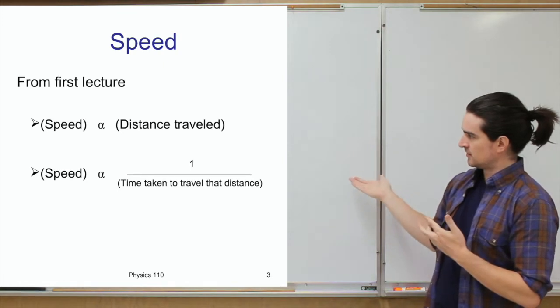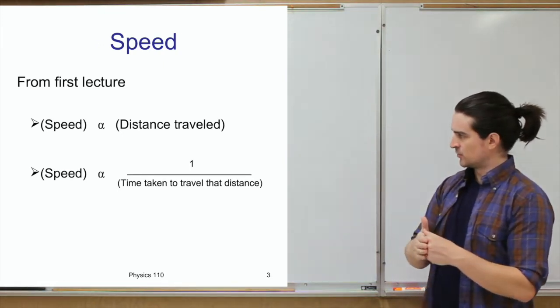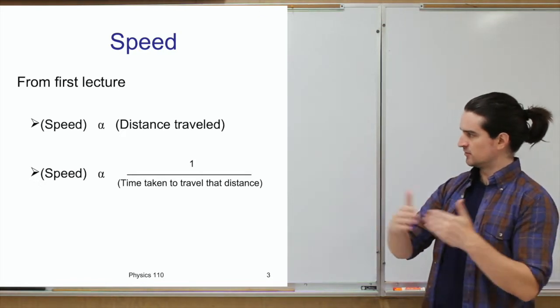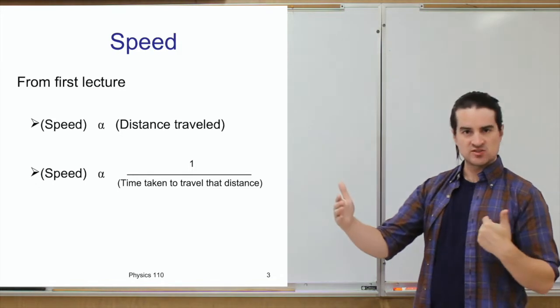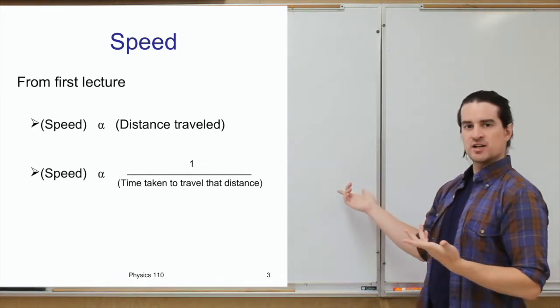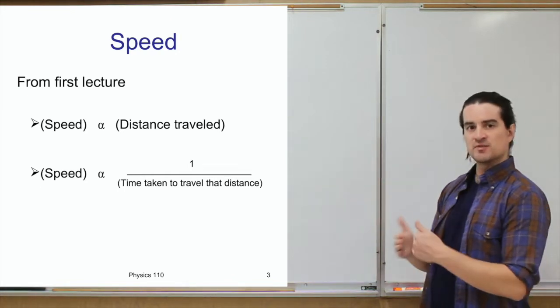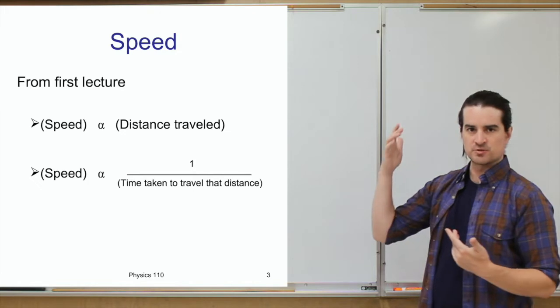If, on the other hand, you're going a certain distance and it takes you an hour, and then you go that same distance and it takes you 2 hours, greater time to travel that distance, inversely proportional speed, that means you were going slower. Right? So greater time to travel, slower speed.